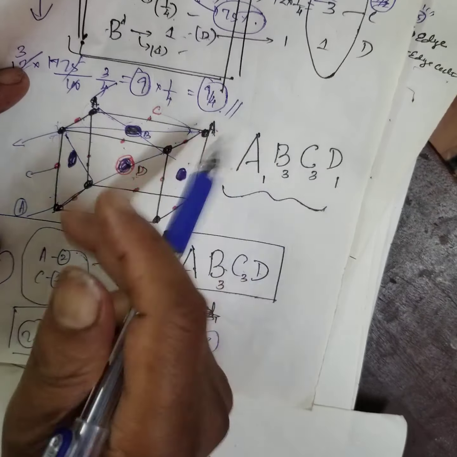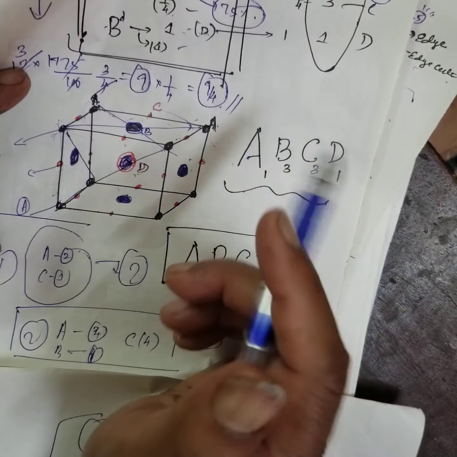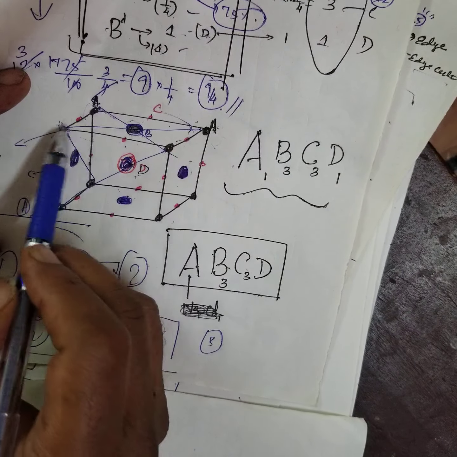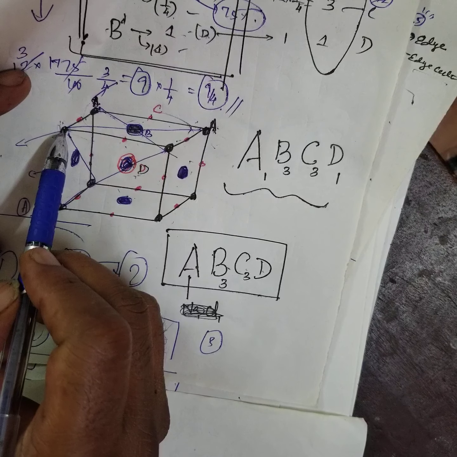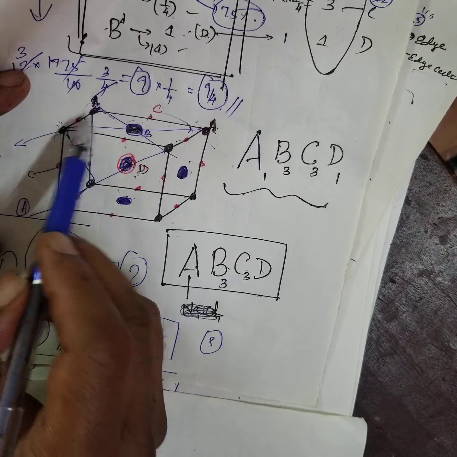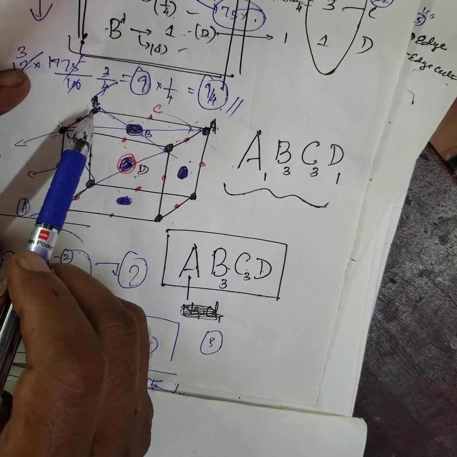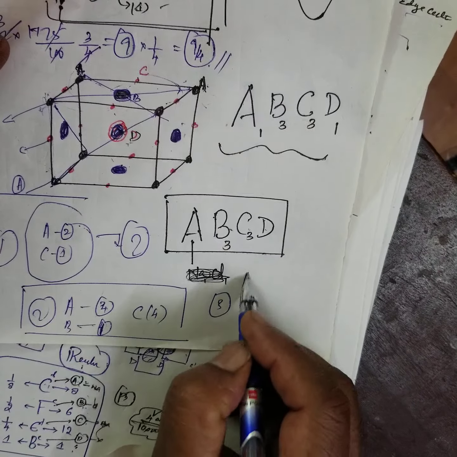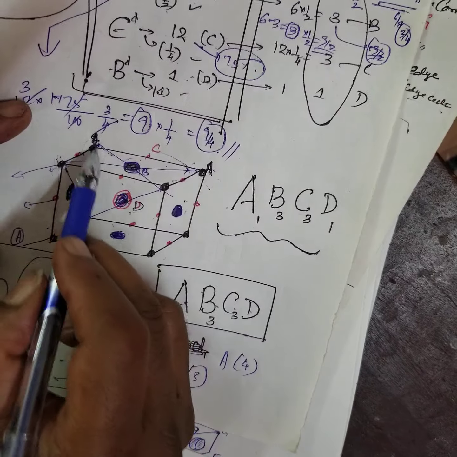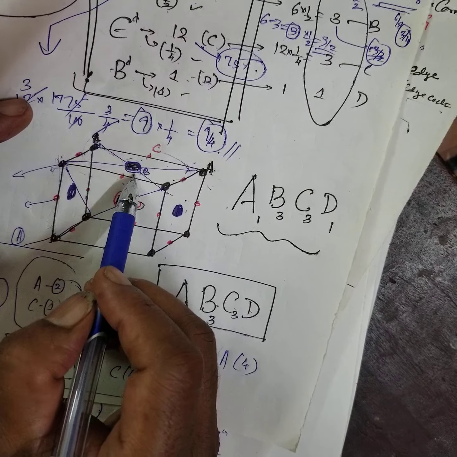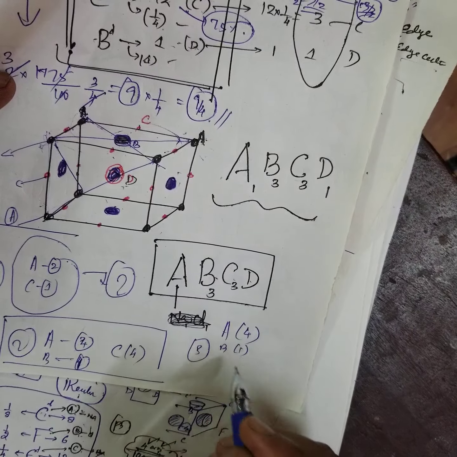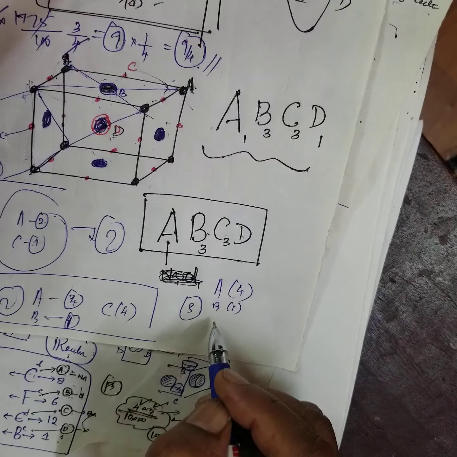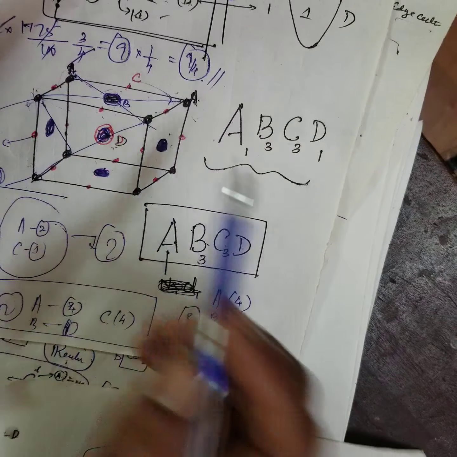I am removing only one diagonal. I am not removing this. Along the diagonal is 1, 2, 3, 4. A I am removing 4 atoms. B I am removing 1 atom. Right? C I am not removing. C, as usual, C will be there.